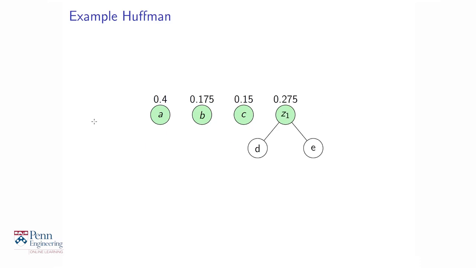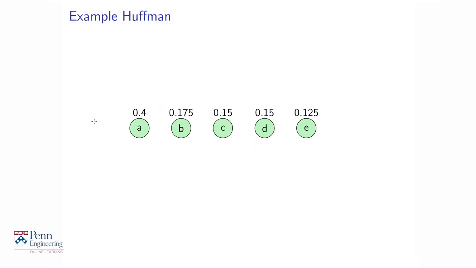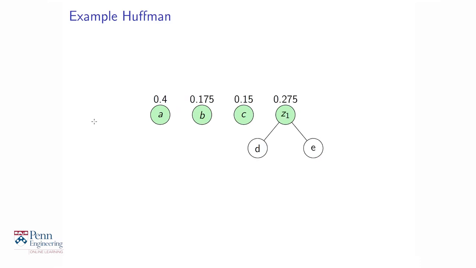D and E are the least frequent symbols, so we combine them to create a new symbol, Z1, that represents their combination and has frequency 0.275, the sum of the frequencies of D and E. The two lowest frequency symbols now are B and C, so we combine them and create a new symbol, Z2, which has frequency equal to the sum of those two, which amounts to 0.325.